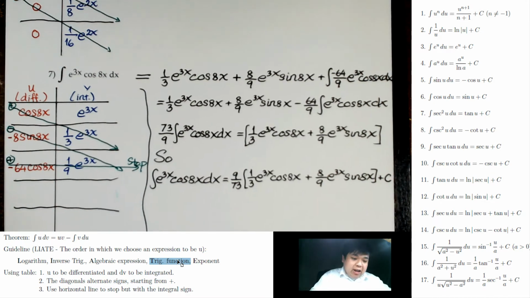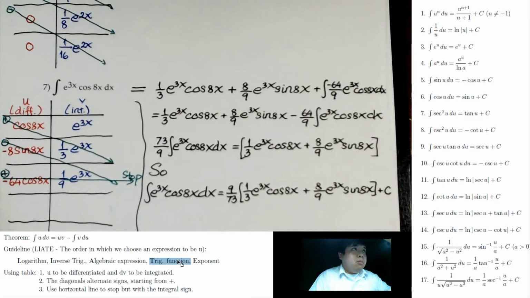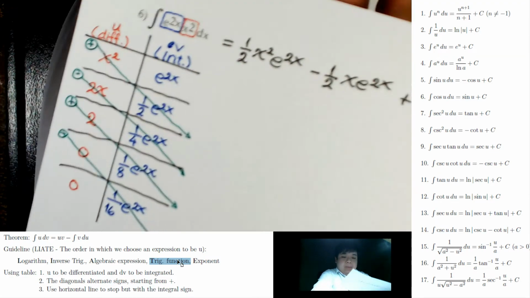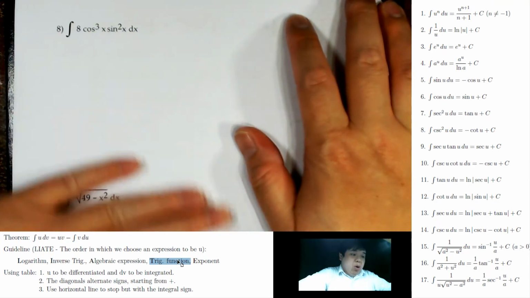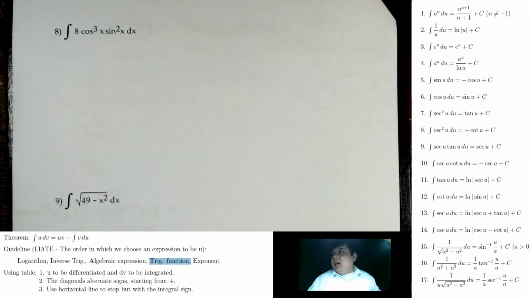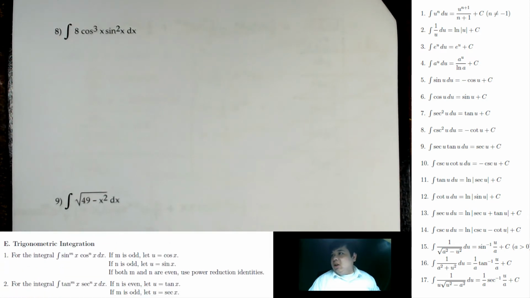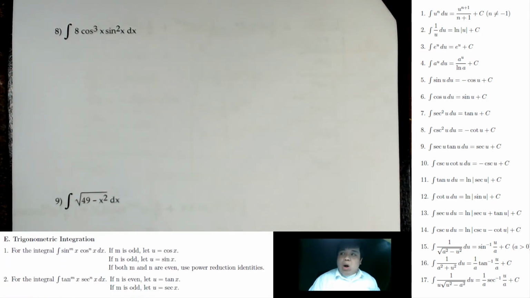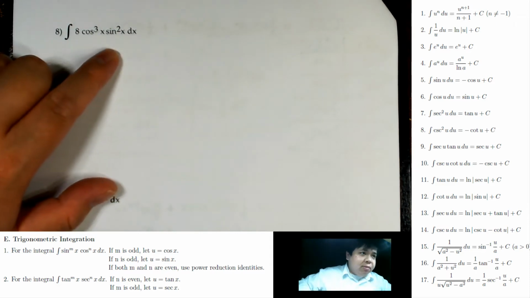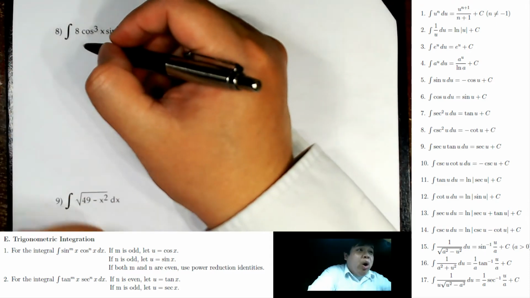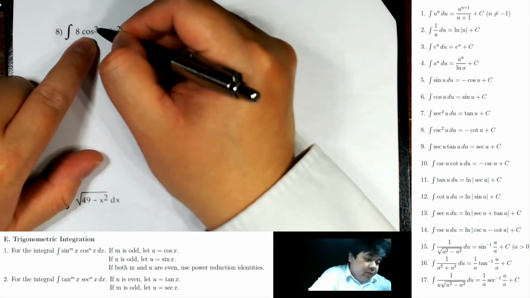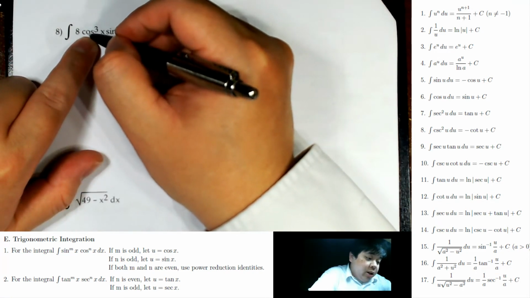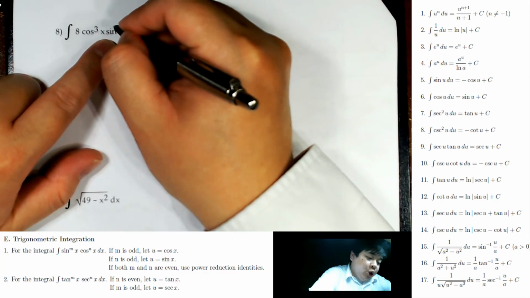Right, next. This one is just plain trig, just the integral of a trig function. So the rule of thumb here: if we have sine and cosine, whichever has the odd power, we let the other one be u.